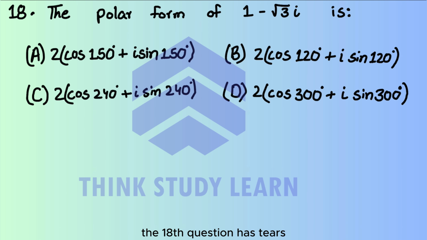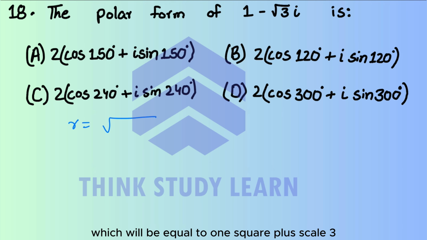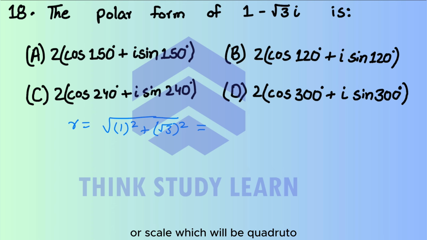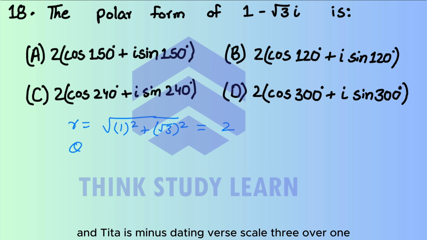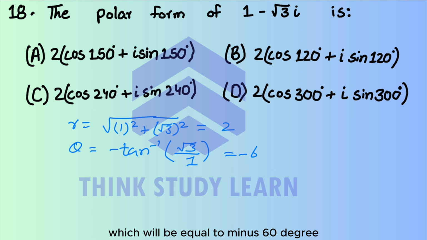The 18th question here states find out the polar form of 1 minus square root 3 iota. So we know that to find out the polar form of any complex number, first we will find r, which will be equal to 1 square plus square root 3 whole square, which will be equal to 2, and theta is minus tan inverse square root 3 over 1, which will be equal to minus 60 degrees.